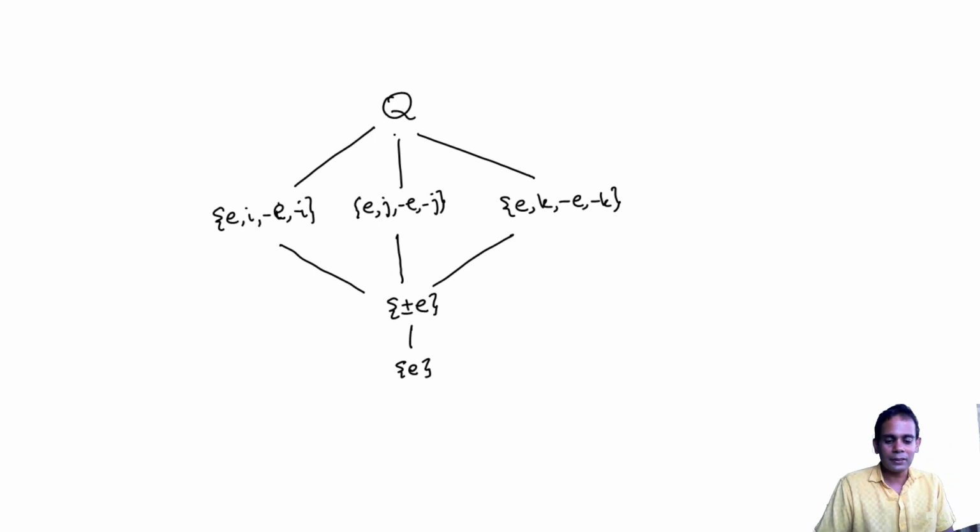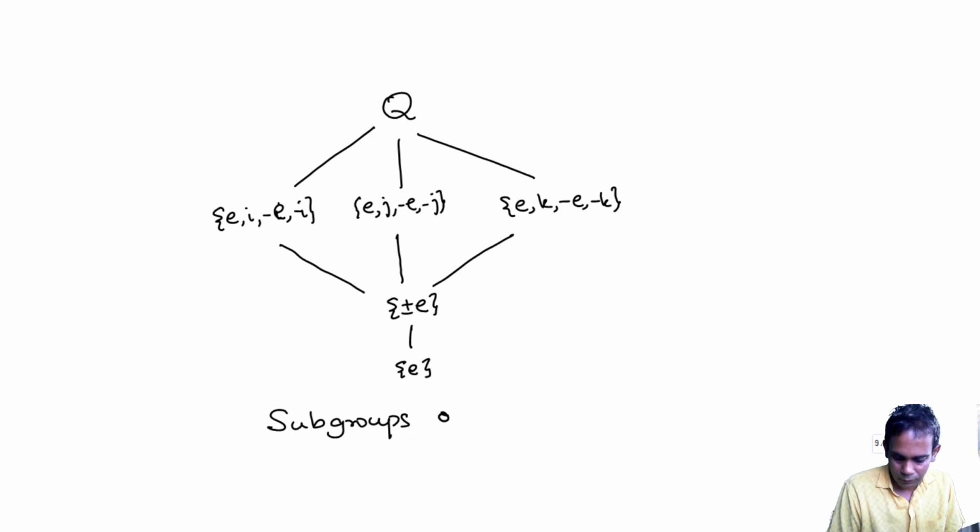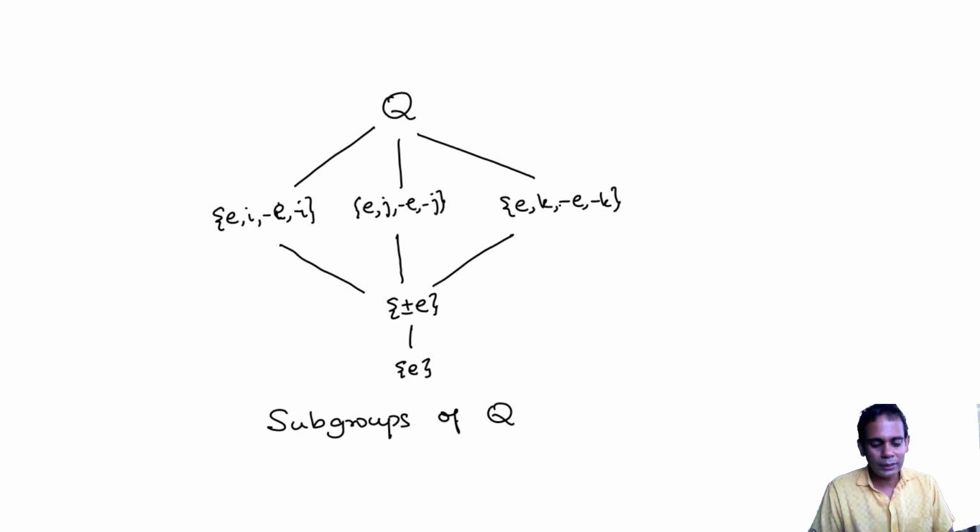And these edges here denote that this is contained in Q, this is contained here, and so on. So these are the subgroups of Q. Q has 1, 2, 3, 4, 5, 6 subgroups, including the trivial group and Q itself.